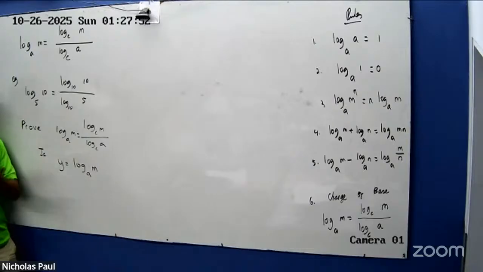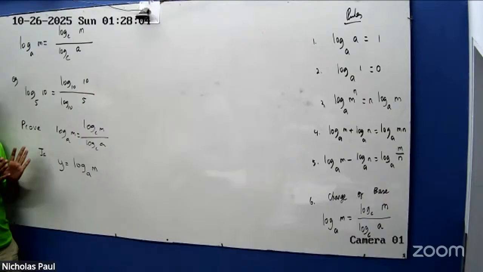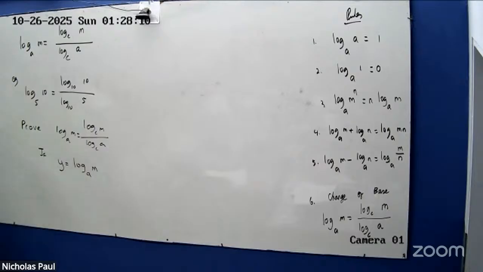What that means is take log to the base c on both sides and see what happens. Just follow those 2 steps and let's see how it simplifies out.